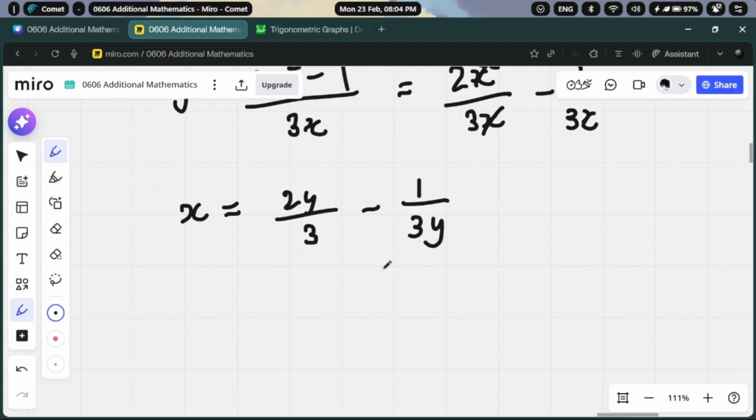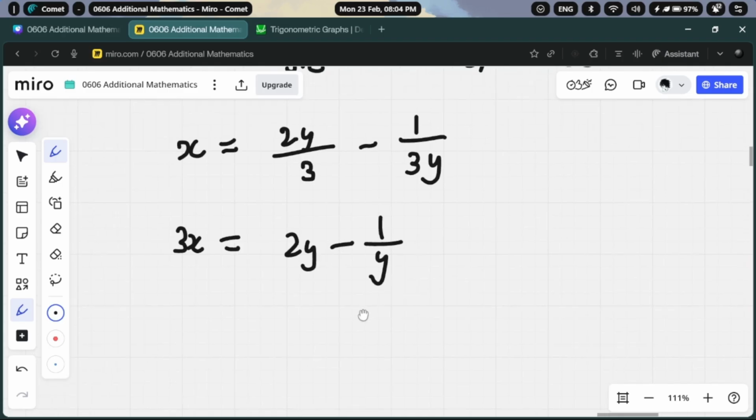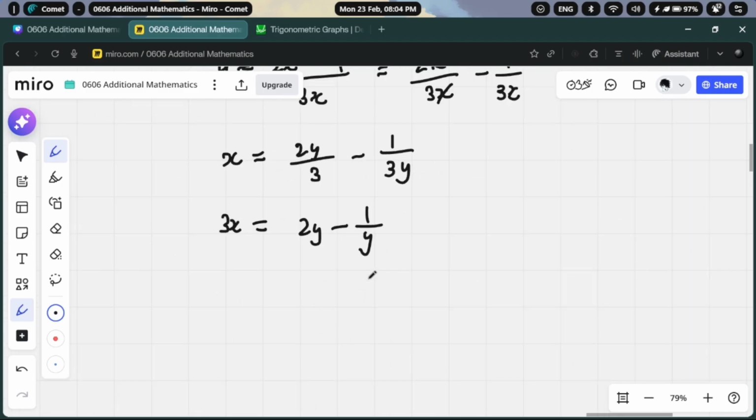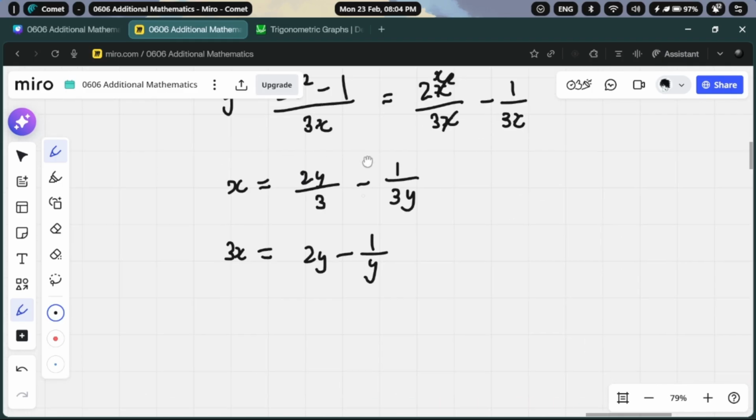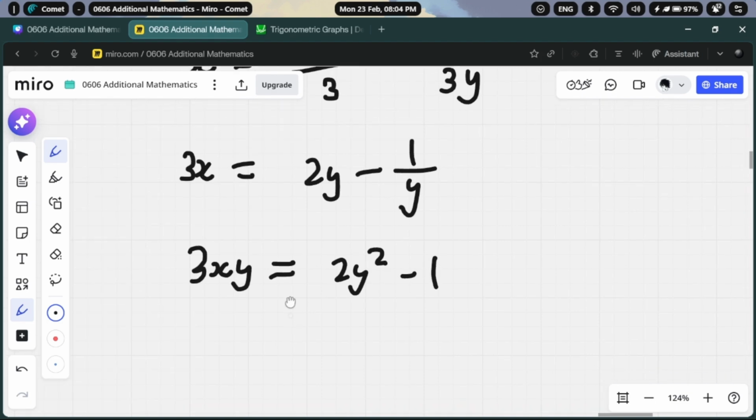Now, first of all, just multiply everything by 3. So you get 3x is equal to 2y minus 1 by y. Now, you can multiply everything by y first. So 3xy is equal to 2y squared minus 1.